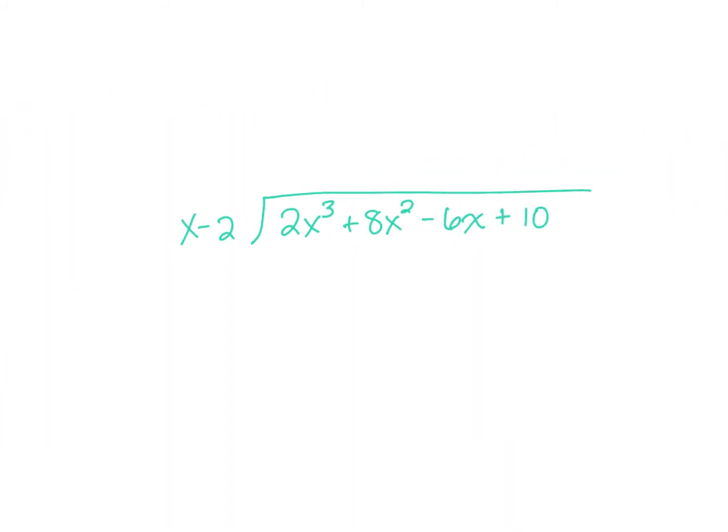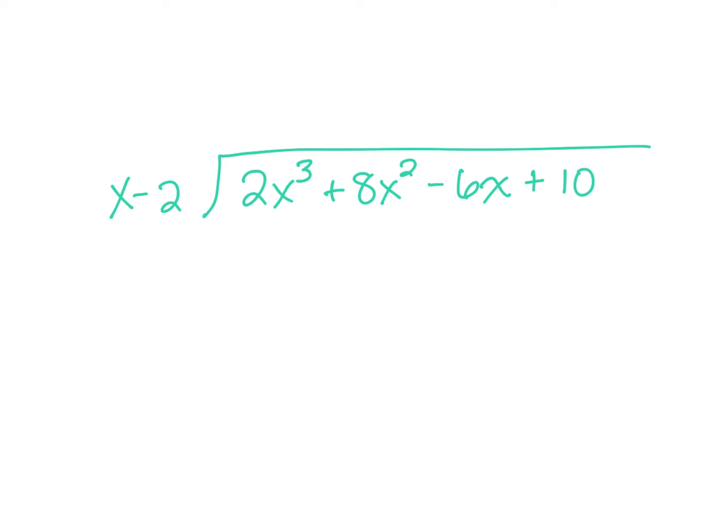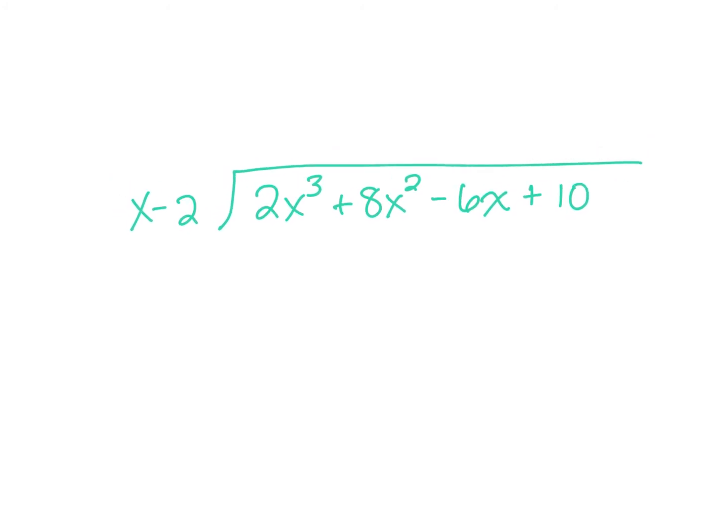Okay? All right, so we are going to divide. I'm just going to show you one example, and then we're going to do some more in class. So we're going to divide this polynomial x minus 2 into 2x cubed plus 8x squared minus 6x plus 10. So we want to focus our attention primarily on the x of the x minus 2 part.